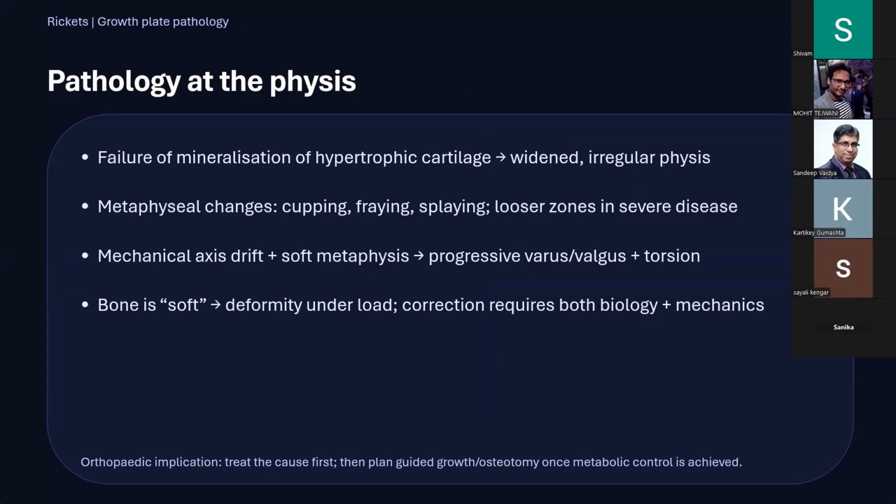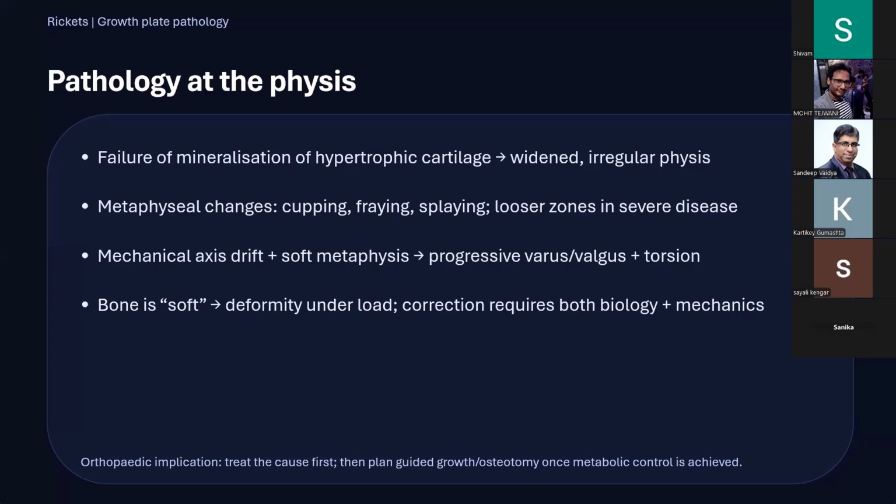Now, how does this affect the pathology? How does this affect the physis? Basically, if any of these processes are disrupted or defective, it will cause failure of mineralization of the hypertrophic cartilage, thus causing a widened and irregular physis. Metaphyseal changes occur, such as cupping, fraying, and splaying.